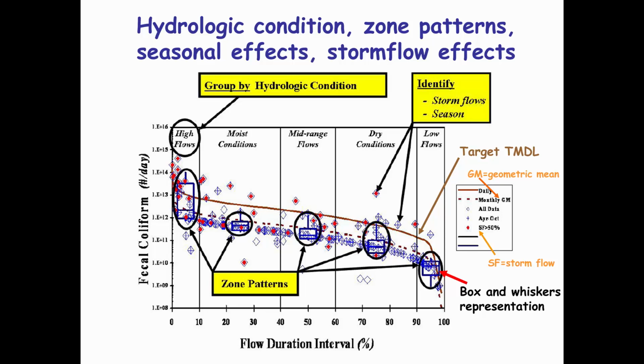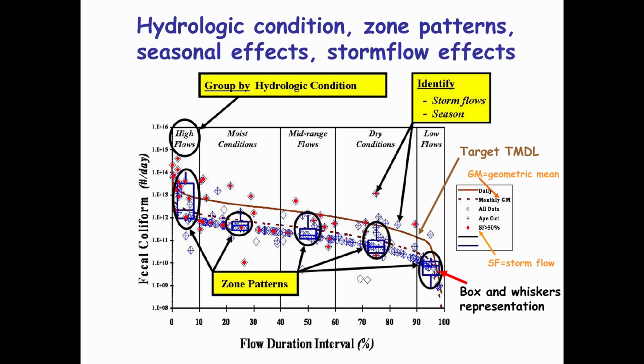In this case, we're looking at fecal coliform bacteria, which would be measured in terms of number of colonies per liter, and the load would be expressed as number of colonies per day of the fecal coliform. The numbers that are given here are very large, 10 to the 13th, 10 to the 14th, and so on, as you can see on the vertical axis.